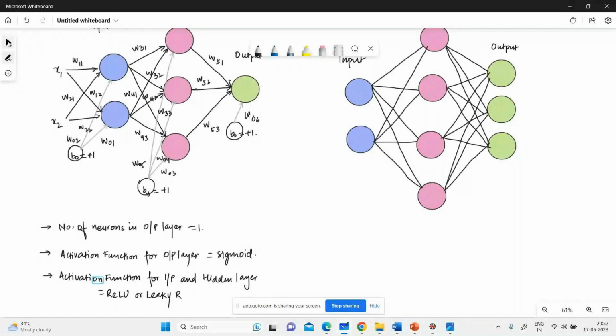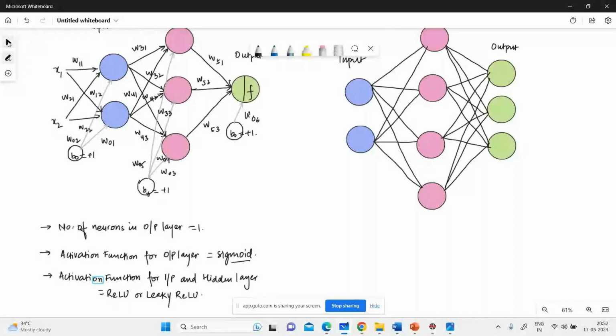But this has to be understood: if you are building a binary class classification, then the activation function, the f here, is fixed, and you will be using sigmoid. Similarly, the f in the hidden layers will be different for every layer, okay?